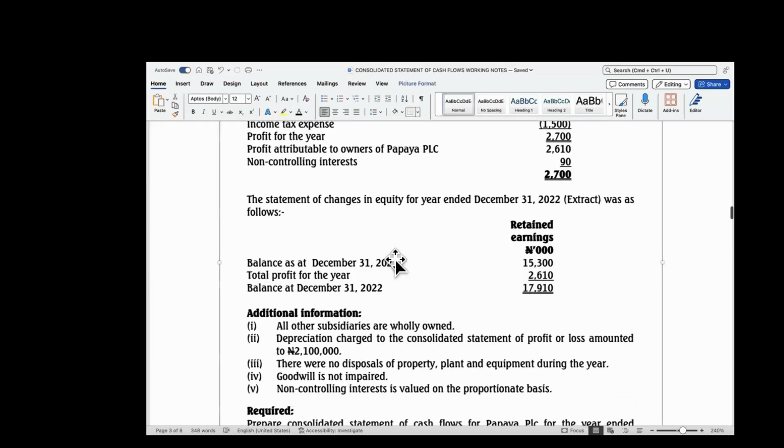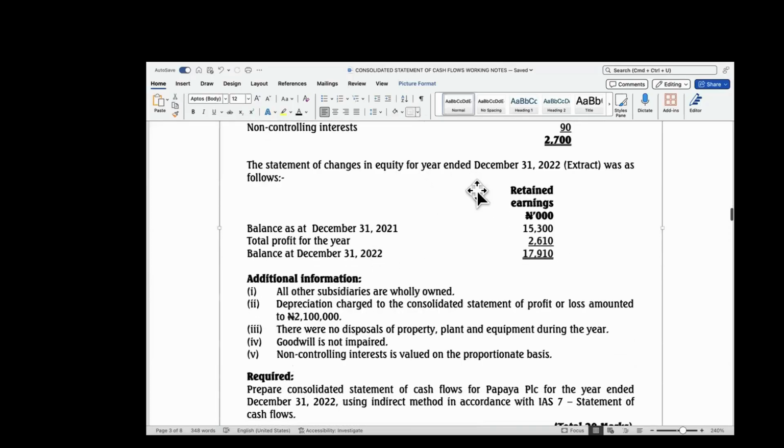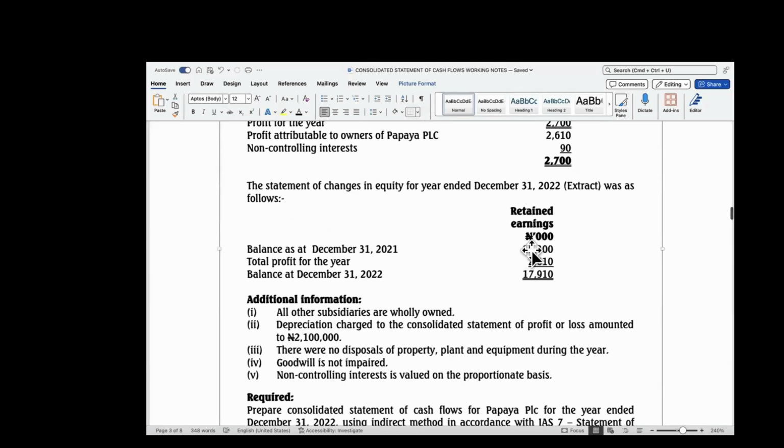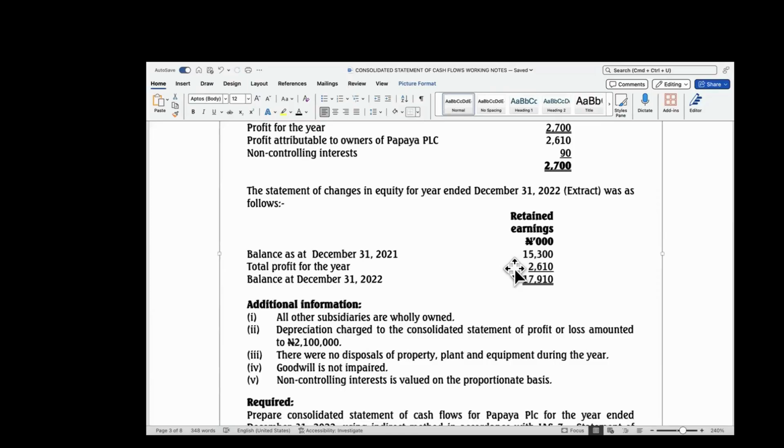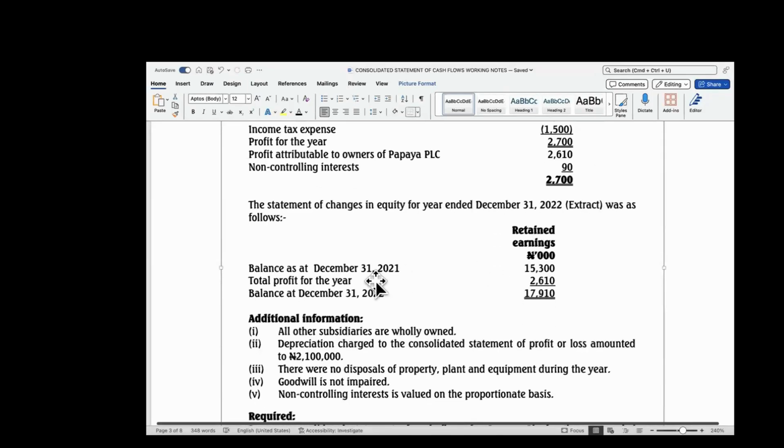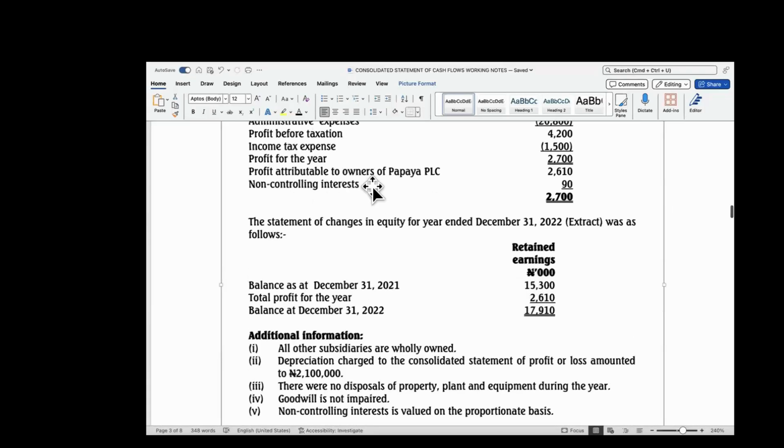They have done the movement in retained earnings for us here under the statement of changes in equity, so I really don't need to do it. You have to be very careful that you are not picking 27. What you have to pick is the profit of the parent, because that of NCI will go to NCI. It doesn't go to retained earnings. So the profit for the year is 2,610 and the closing is 17,910.